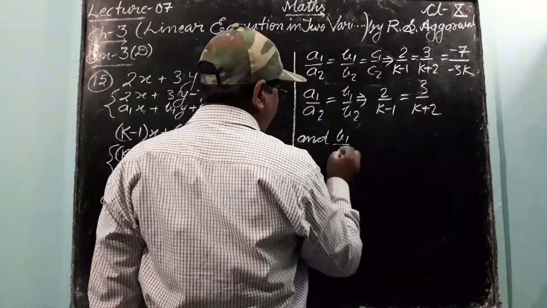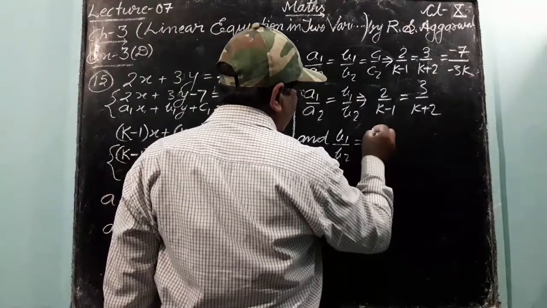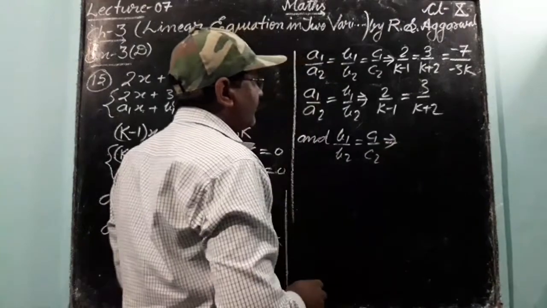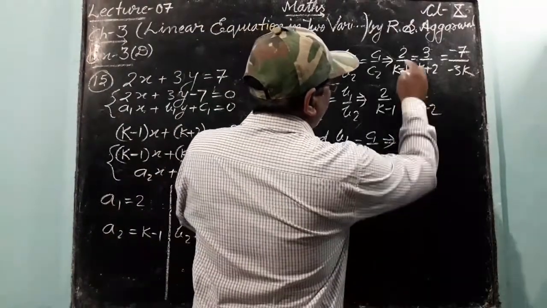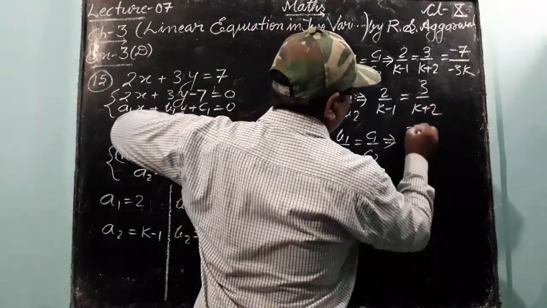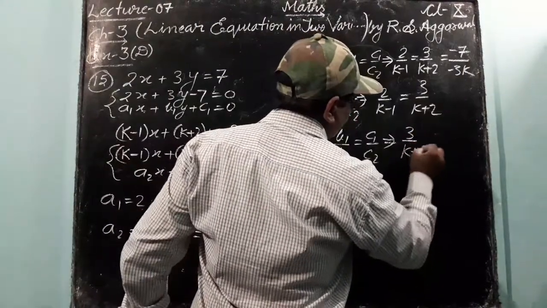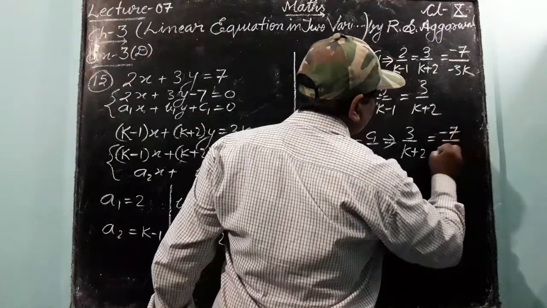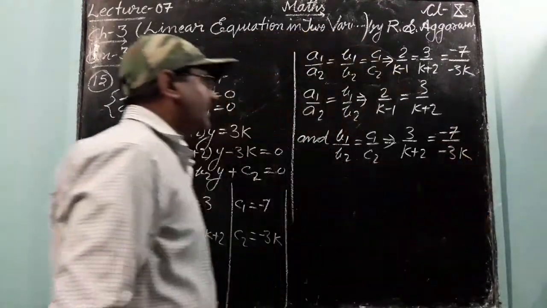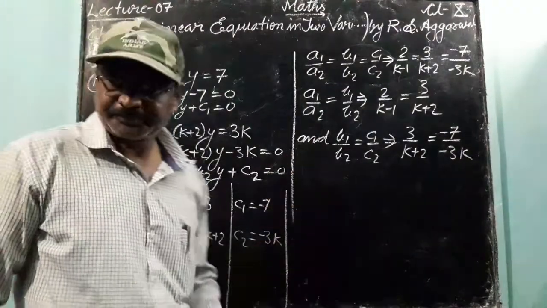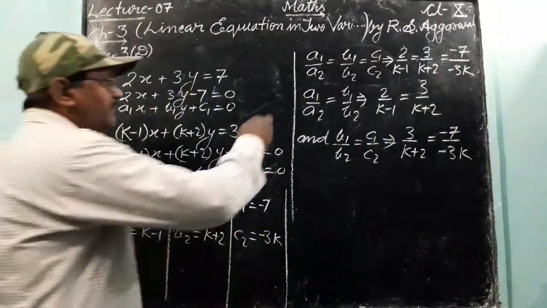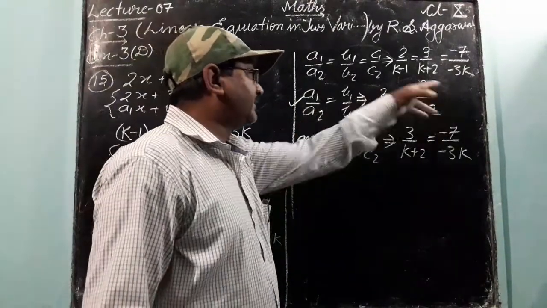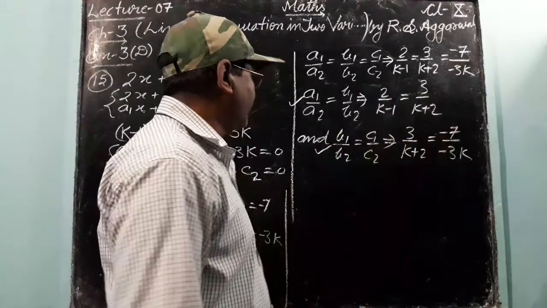Then it will be 3 upon k plus 2 is equal to minus 7 upon minus 3k. By the help of cross multiplication you will get the values of these, and we will find them.